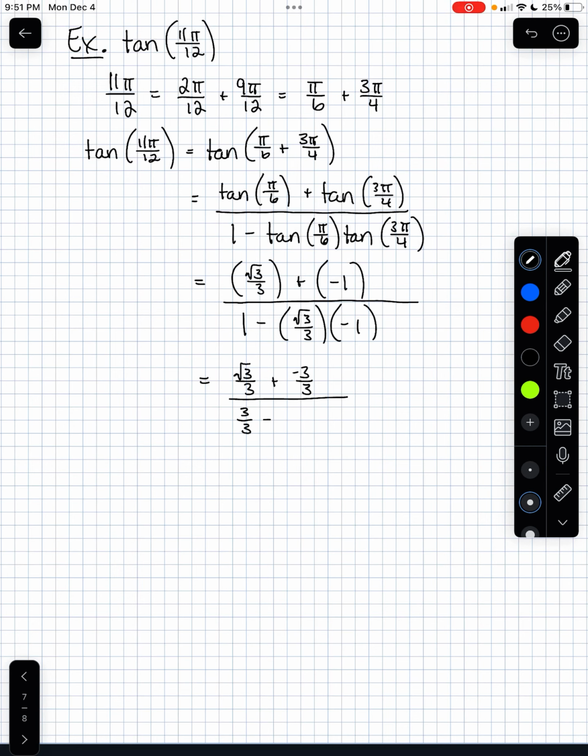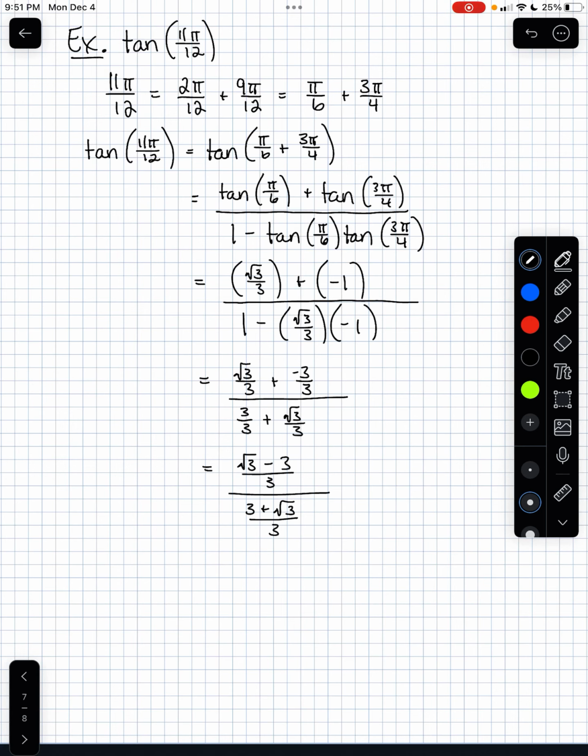So if we have a 1 minus negative square root of 3 over 3, we can just make it plus the square root of 3 over 3. So in the numerator, we're going to have the square root of 3 minus 3 over 3. And in the denominator, we're going to have 3 plus the square root of 3 over 3.